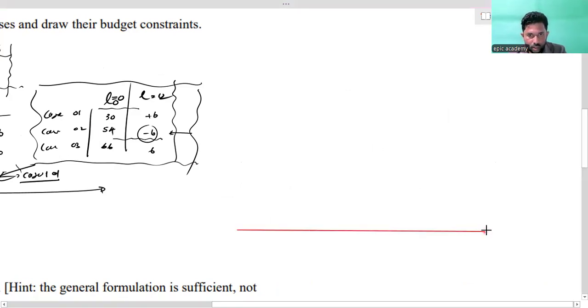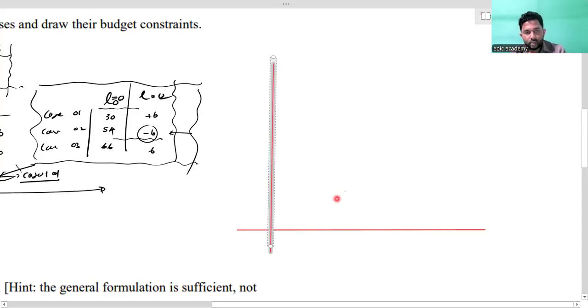Okay, this is L, right? This is consumption, right? In here, we are going to label it. This is C, this is L.